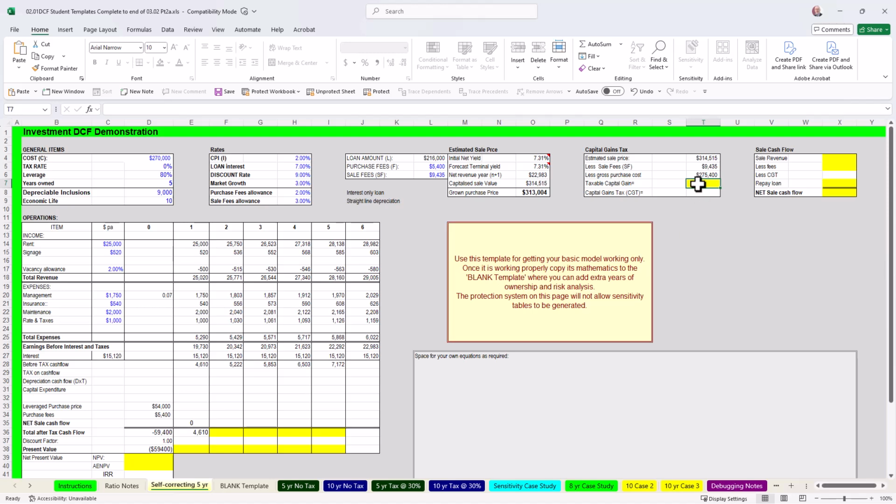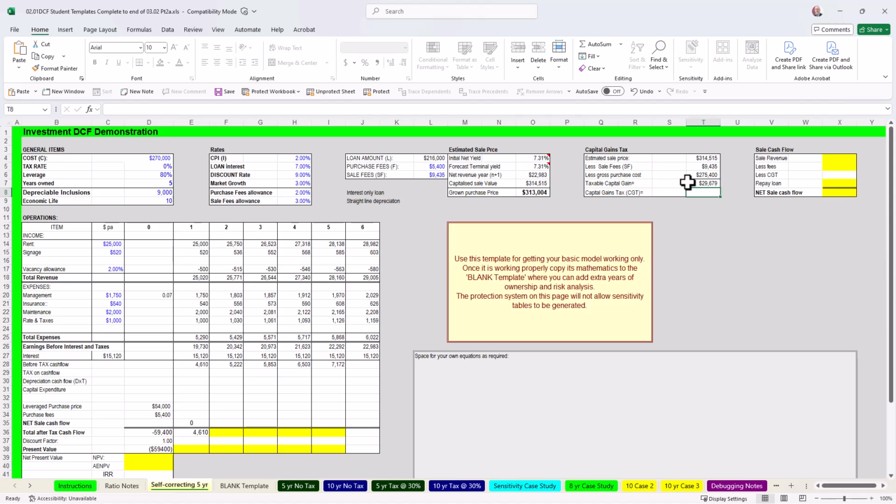So the taxable capital gain is going to be 314 minus the 9,000 and minus the 275,000.